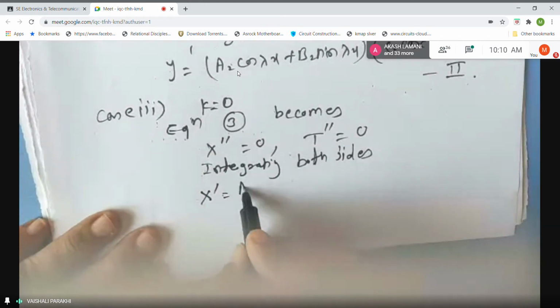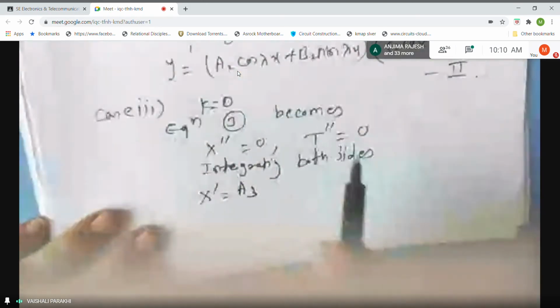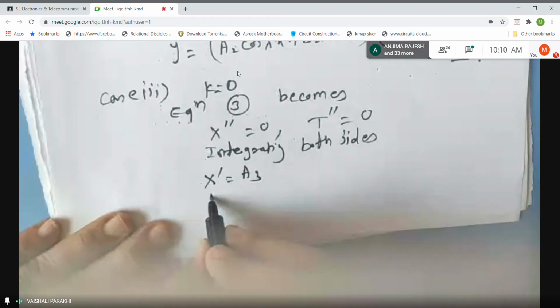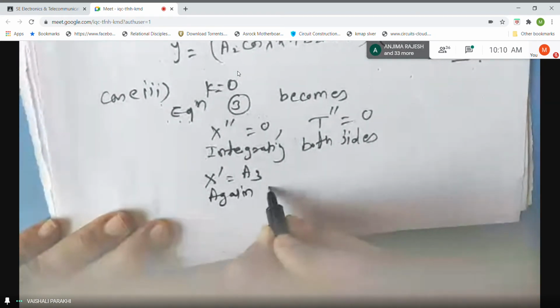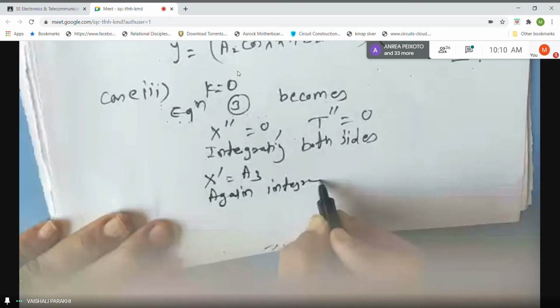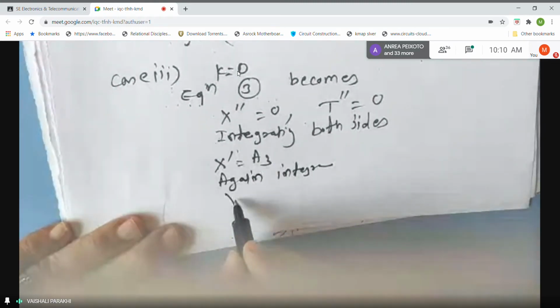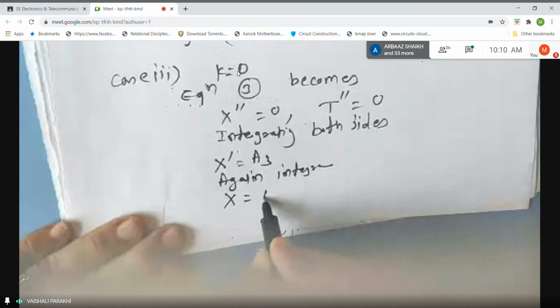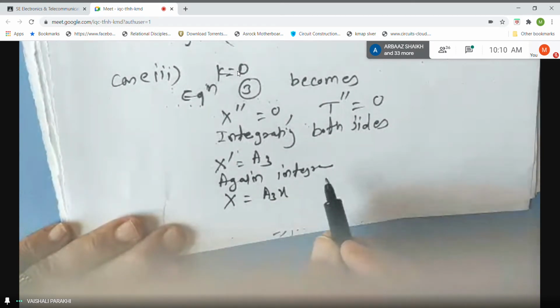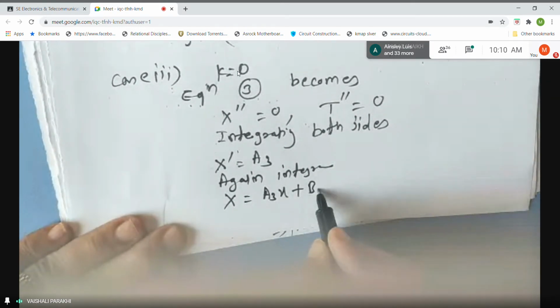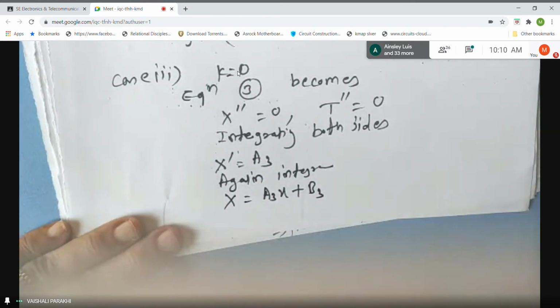So let us take it as a3, because a1, a2 are used. Then again you have to integrate. X dash will become x. The integral of a constant is that constant into x. And again the constant of integration will be b3 in this case.